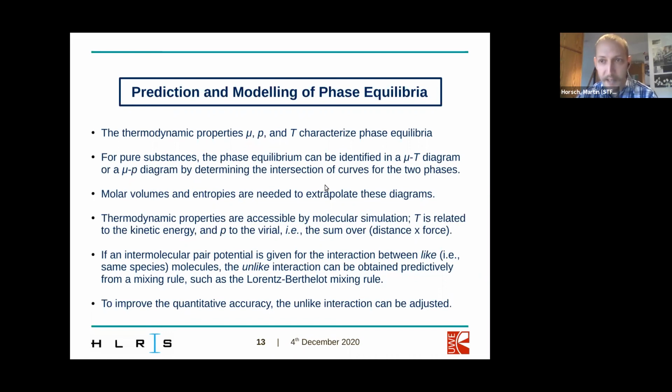To extrapolate these curves, first of all, the chemical potential is needed as a basis, and then the first derivatives, which is the molar volume or the molar entropy. For molecular models, phase behavior of a mixture can be predicted from a mixing rule, such as the Lorentz-Berthelot mixing rule. And also readjustment is possible by introducing additional adjustable parameters for the mixture.